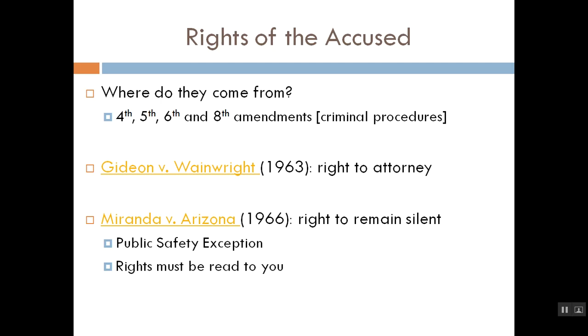If you are interrogated and not given an opportunity to have an attorney, then the information that you yield or surrender to the interrogators cannot be used against you in a court of law. Now, if you voluntarily choose not to have an attorney, that's a different story. But that Sixth Amendment right to an attorney is also protected by the exclusionary rule.